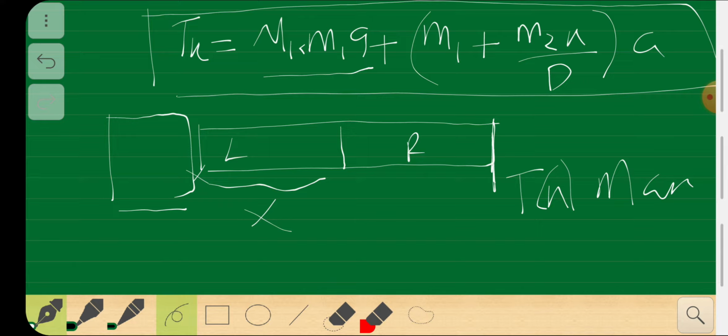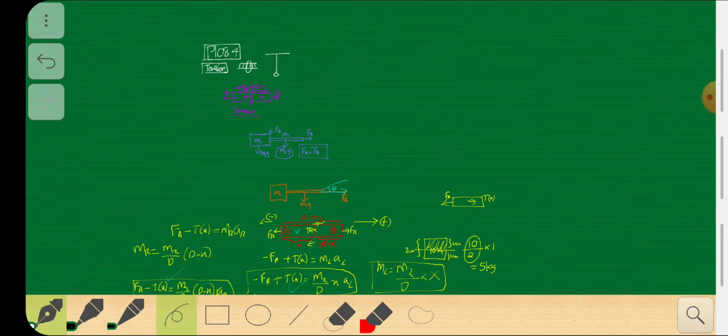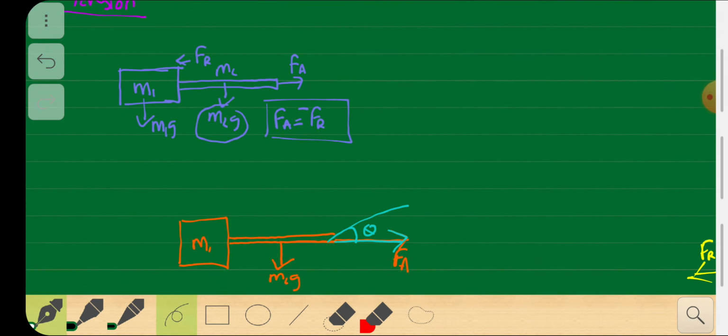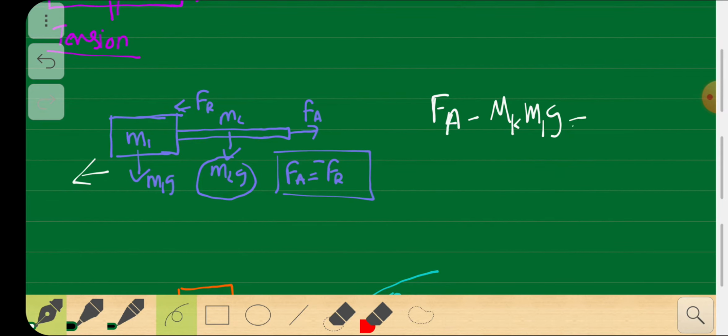Now if you look collectively at what the equation of this body was, if you want a brief understanding, then you can say Fa to the right, which was the applied action force, minus the frictional force to the left, I'll write it as mu k m1g, must be equal to ma, where m is m1 plus m2 times a.